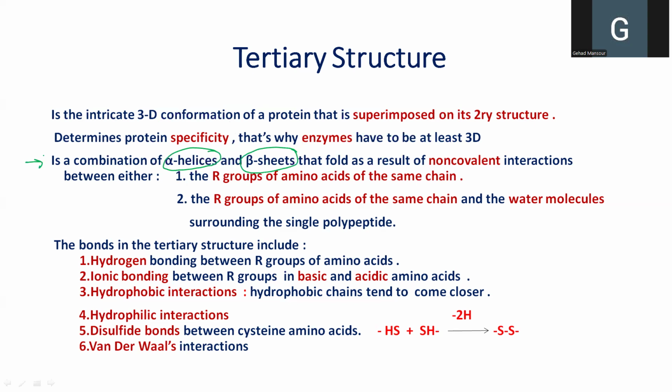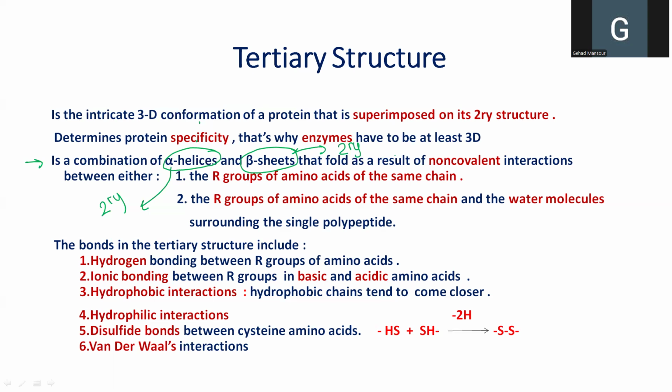Usually it is an alpha helix. Of course, alpha helix is a secondary structure. Beta sheet is the other version of the secondary structure. So they want to tell you that we start by a secondary structure protein, an alpha helix, and we further fold it into a tertiary structure, or a beta pleated sheet, and we further fold it into a tertiary structure.